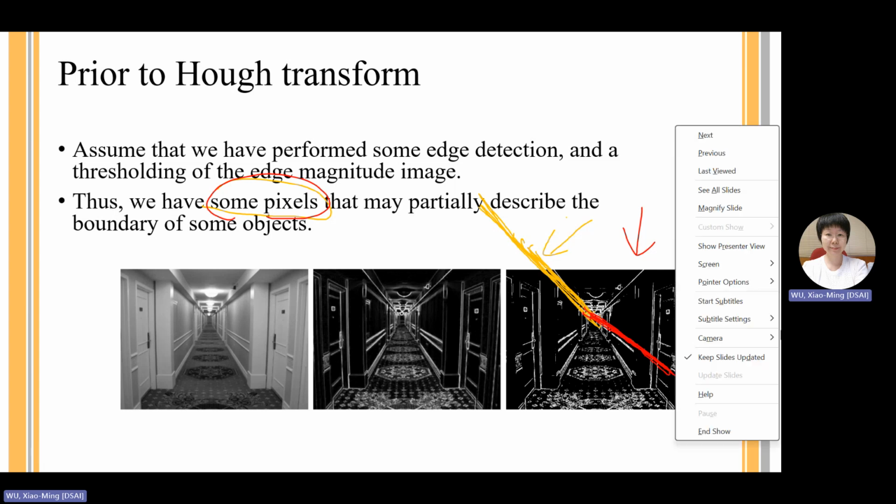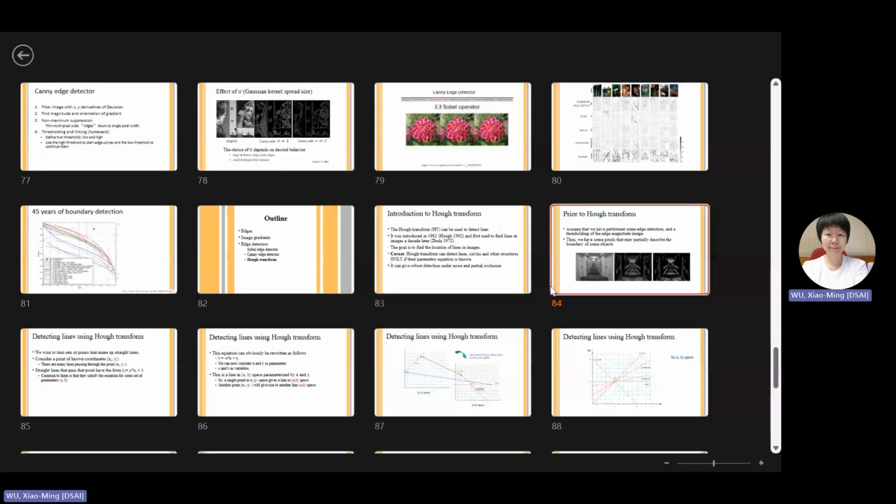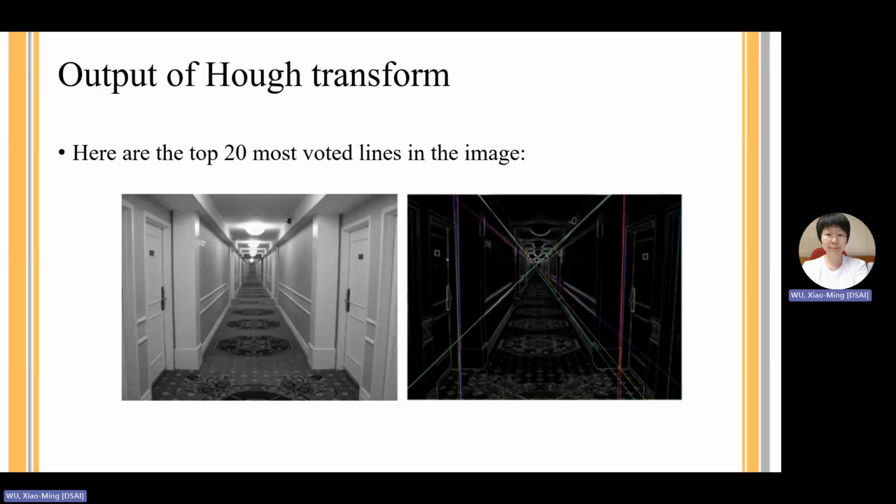So Hough transform is designed to identify the top most significant lines within the image. And as you can see, those lines are shown clearly over the image because we know exactly what their equation is.